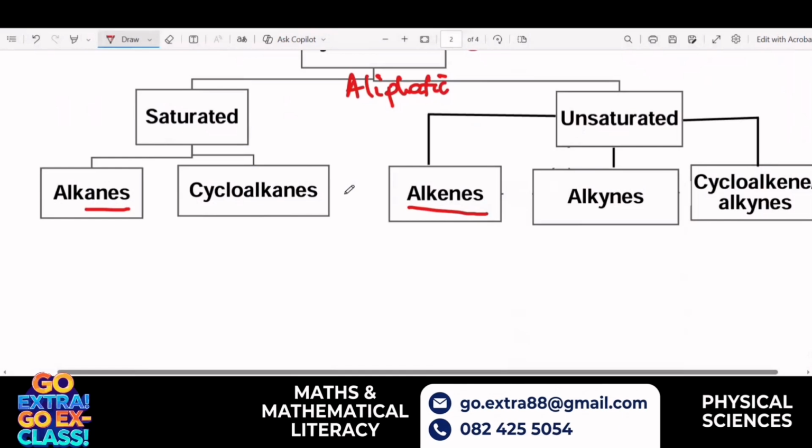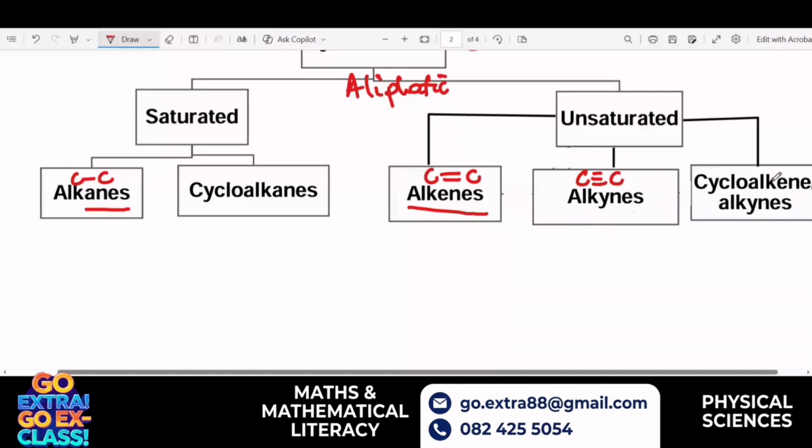Alkanes have only single bonds between carbon atoms. Alkenes have a double bond between carbon and carbon. Alkynes are hydrocarbons that carry a triple bond between carbon and carbon. We also have cycloalkenes and cycloalkynes, which have double or triple bonds but form a ring.